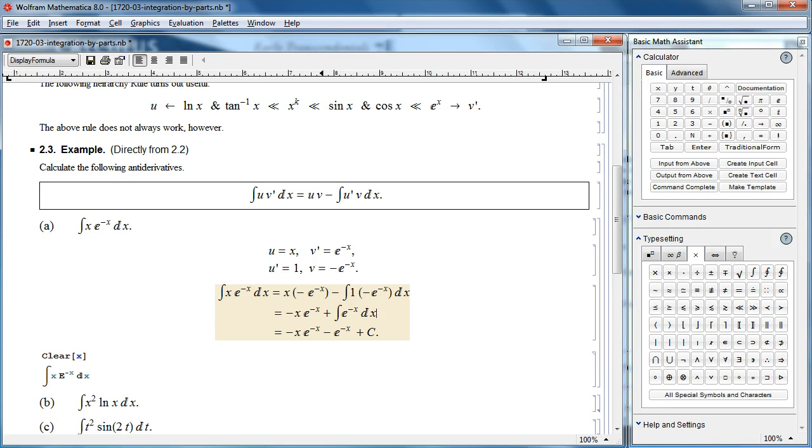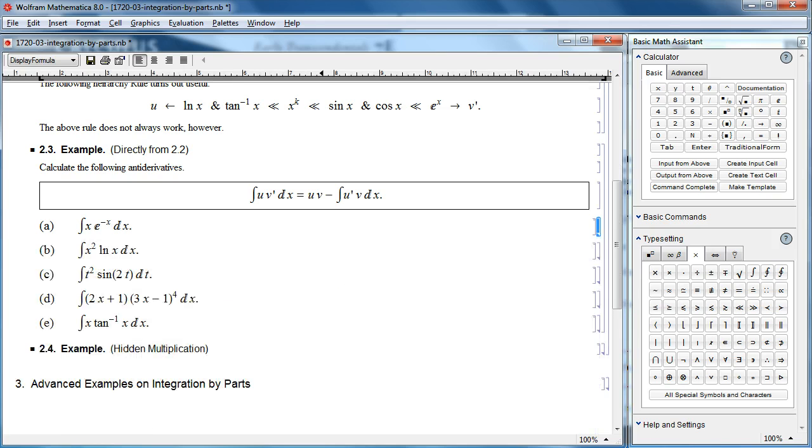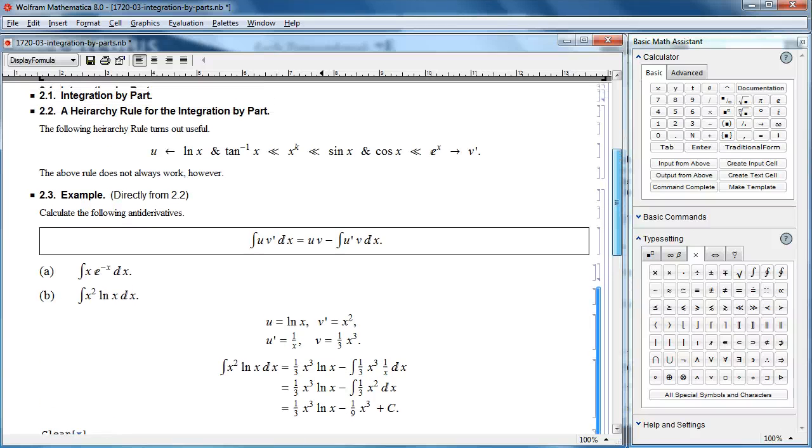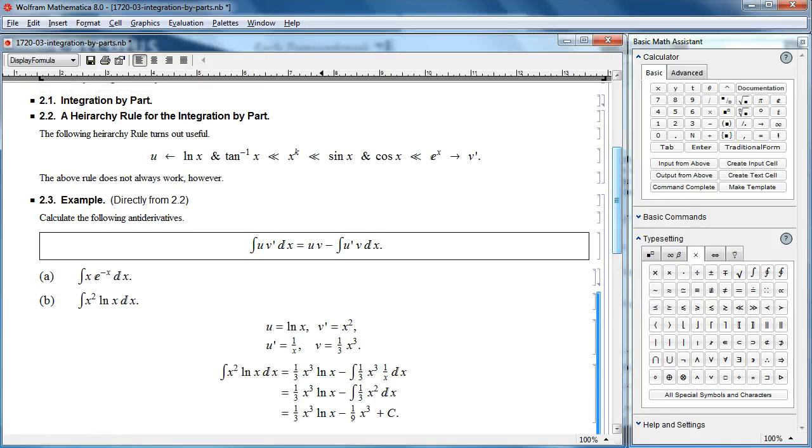That's basically it. Let's do the same thing again, maybe many more times. Here it is. According to the hierarchy table, we have u equals log of x and v prime as x squared. And then we just apply the integration by parts formula. U becomes u prime, 1 over x.